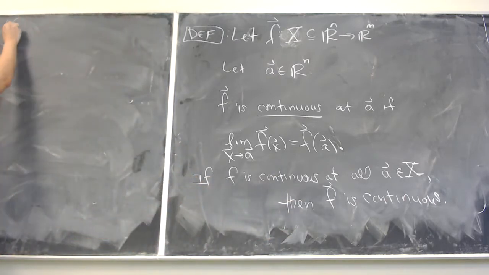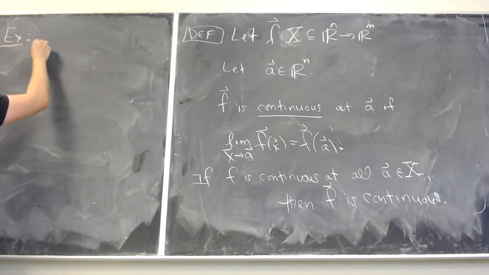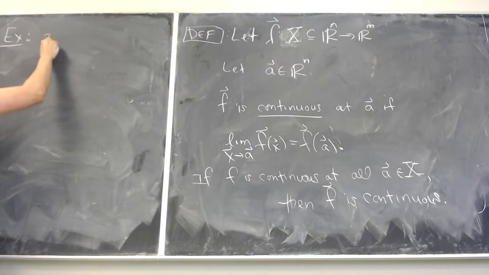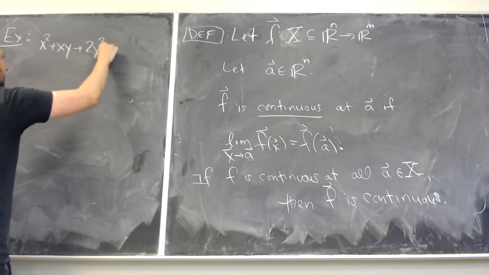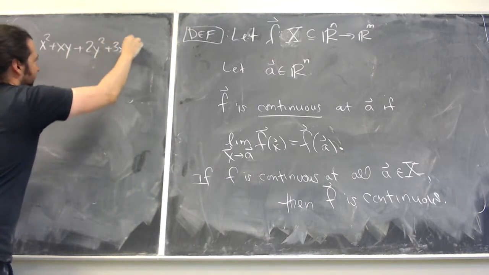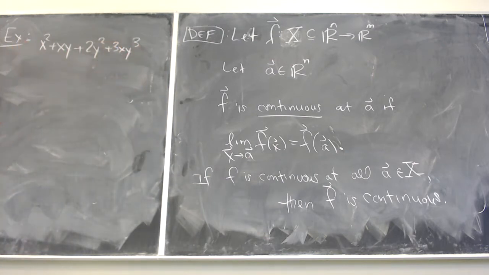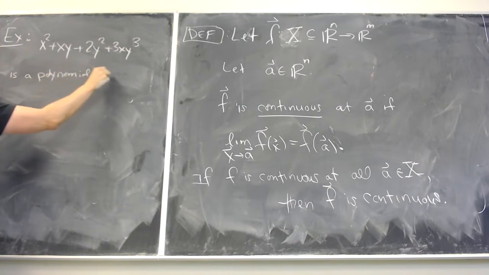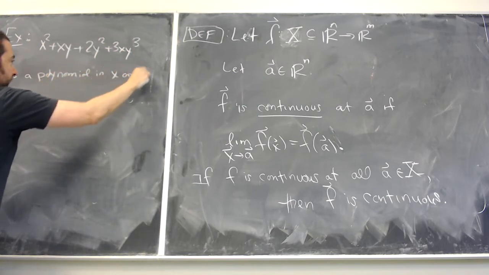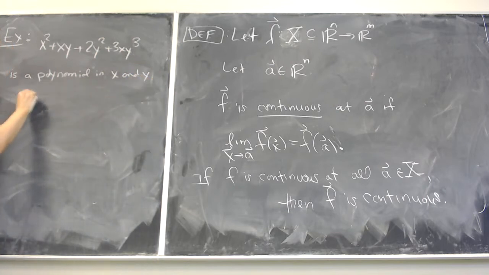So for example, something like x squared plus xy plus 2y squared plus 3xy to the third, that's a polynomial in x and y, or we might say a polynomial in two variables.